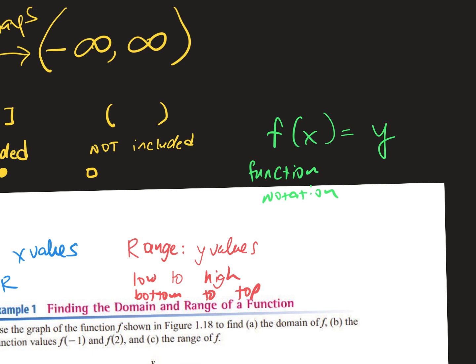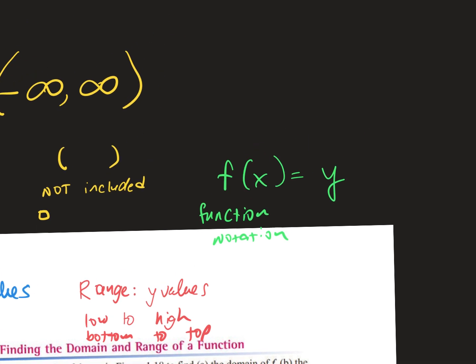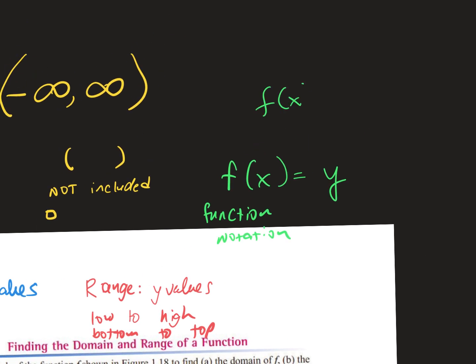It's going to say f of x. It's just a fancy way of saying y. There's no reason to be like, I don't know what that means. Yes, you do. F of x just means y. That's it. So if you had like f of x equals x squared plus 9, what is f of x a fancy way of saying? Y. So all that says is y equals x squared plus 9.